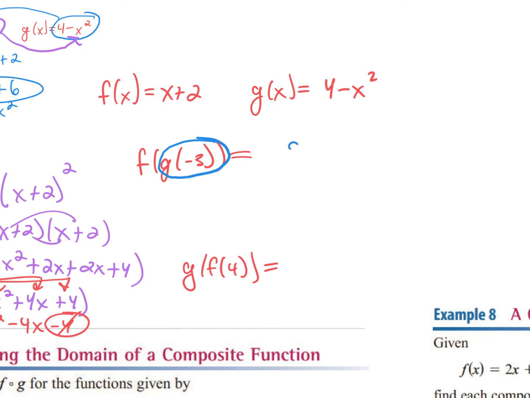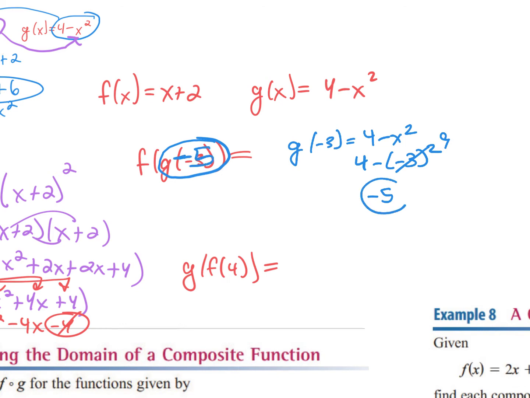All right, so what is g of negative 3? So 4 minus x squared. So I'm going to say 4 minus negative 3 squared. Well, what's negative 3 squared? 9. So 4 minus 9 is? Negative 5. So what do you think I do with that? Yep. We found out that g of negative 3 is negative 5.